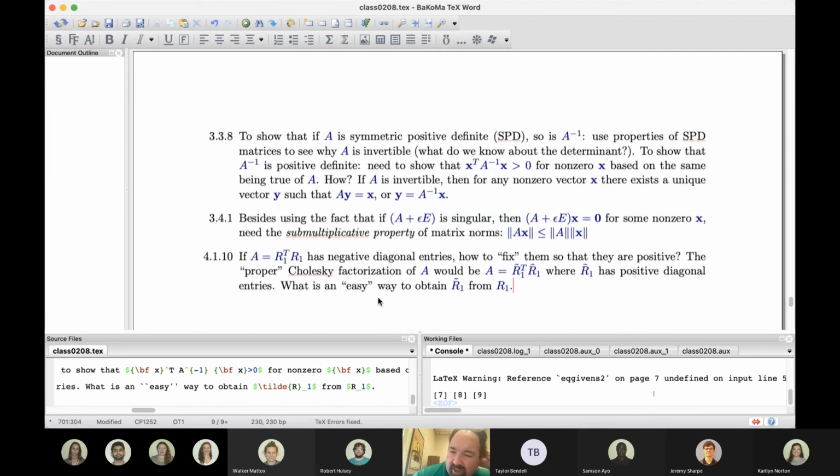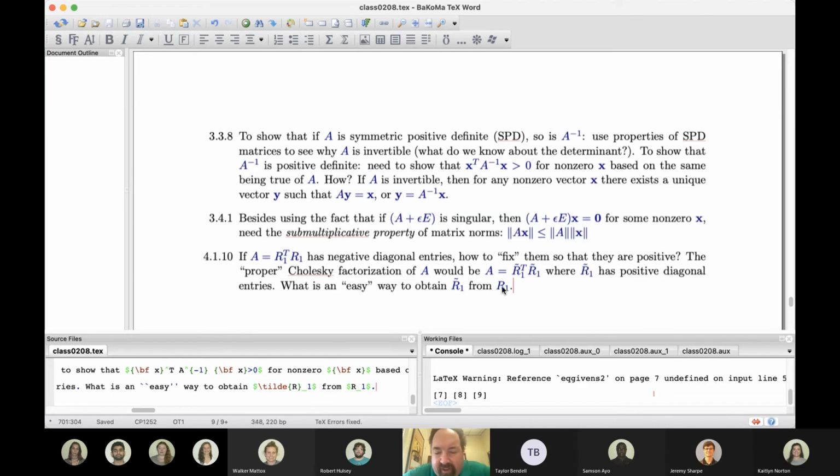Suppose you had some other algorithm for Cholesky that didn't really give a true Cholesky, but it gave you R1 that satisfied this, but has negative diagonal entries. And that's why the Cholesky factorization is unique, but only if you require positive diagonal entries. If you don't require that, there's actually infinitely many factorizations of this form possible where R1 is upper triangular.